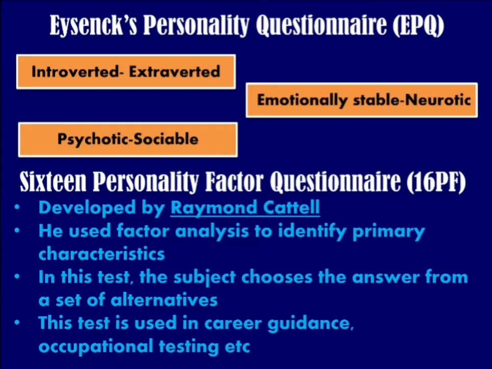About this also we've studied in our part 1 video. Now he used the statistical technique of factor analysis to identify 16 primary characteristics. And this is a multiple choice questionnaire, so you have to choose from a given set of alternatives. And this is very helpful in career guidance and occupational testing.